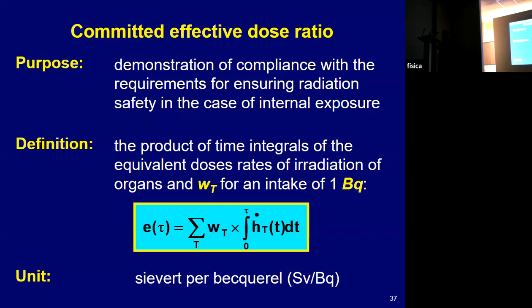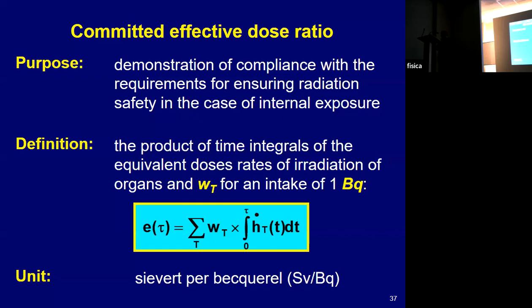0 is the moment of intake, and H-dot is the equivalent dose rate in the organ or tissue type T at time t. Type T is a capital T and t is a small letter, meaning time after the intake of 1 becquerel of the radionuclide.